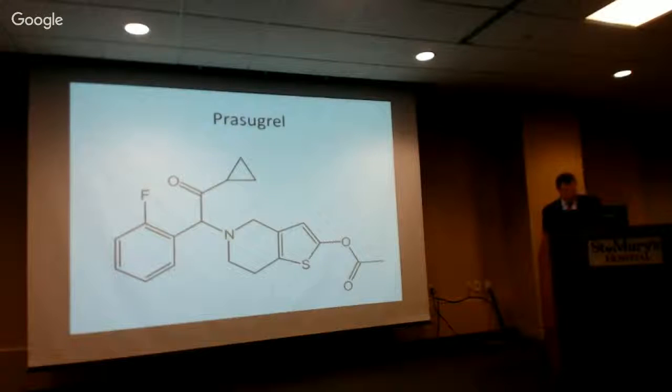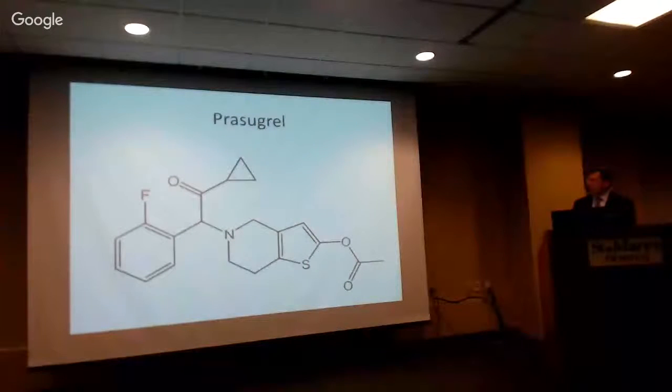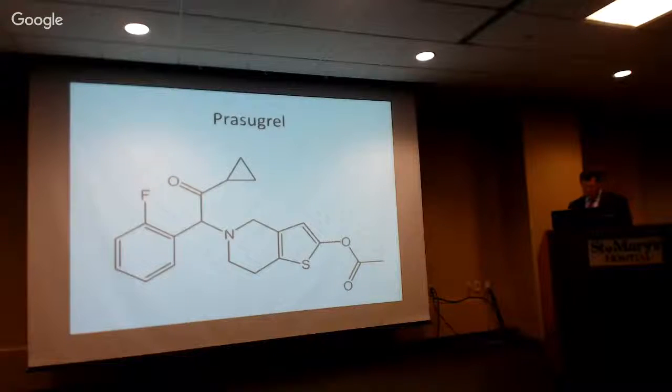The next P2Y12 inhibitor that was approved by the FDA is prasugrel. And this tried to get over some of the problems with loading with clopidogrel. This is a much more potent drug than clopidogrel, and it works a little bit faster.